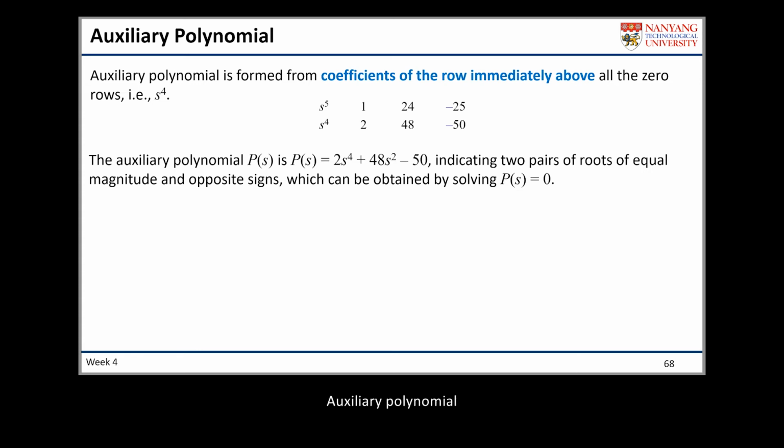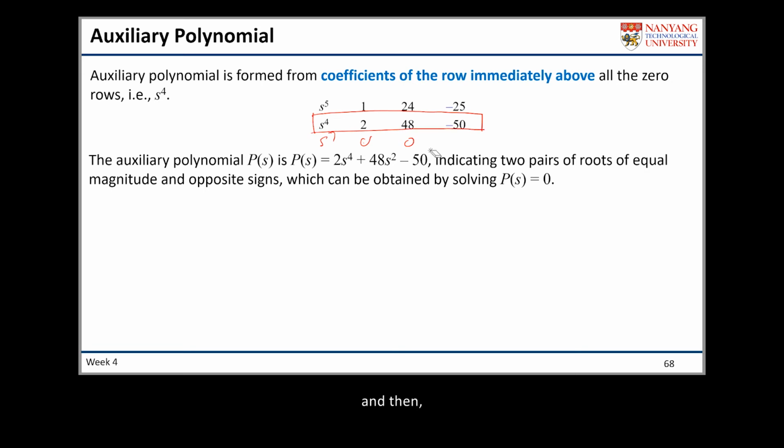It is the polynomial that is formed from the coefficients of the row immediately above the all-zero row. So you still remember we have the all-zero row on the third row. All of them are 0. The row immediately above the all-zero row is this row, the s4 row, right?